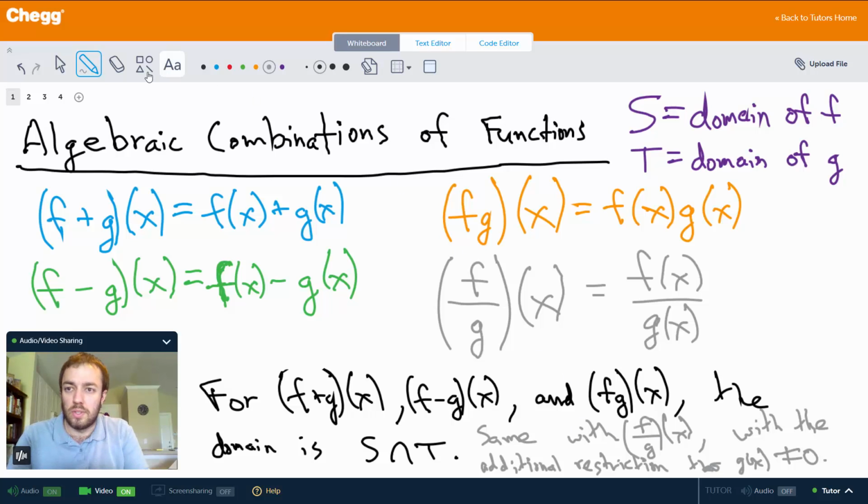So for f plus g, f minus g, and f times g, the domain is S intersected with T, and it's the same with f divided by g, with the additional restriction that g of x is not allowed to be 0. Okay, so let's go ahead and go to page 2 and work on that tricky example that we talked about.